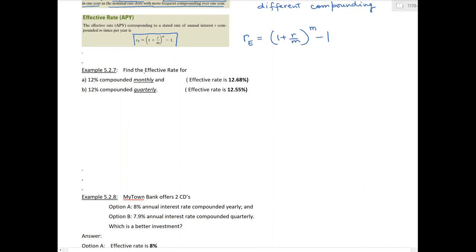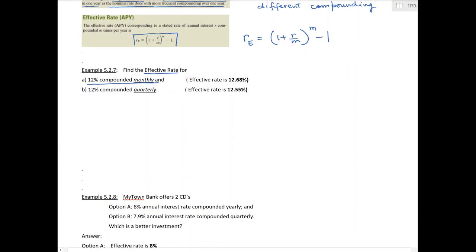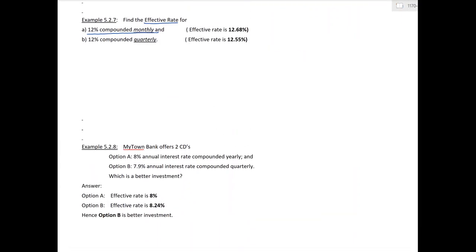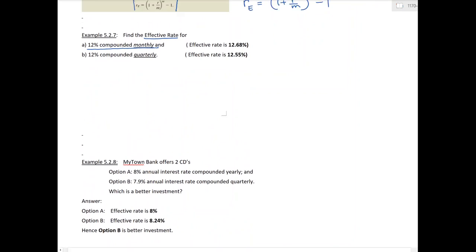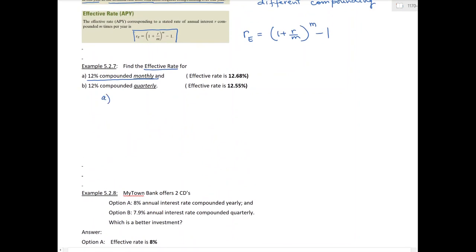So let's find the APY or effective rate if somebody tells us 12% compounded monthly. So what is actually the actual rate in this case? So for the first part A, RE would be 1 plus R, which is 0.12, over M, which is 12, it's monthly, raised to the power 12 minus 1.